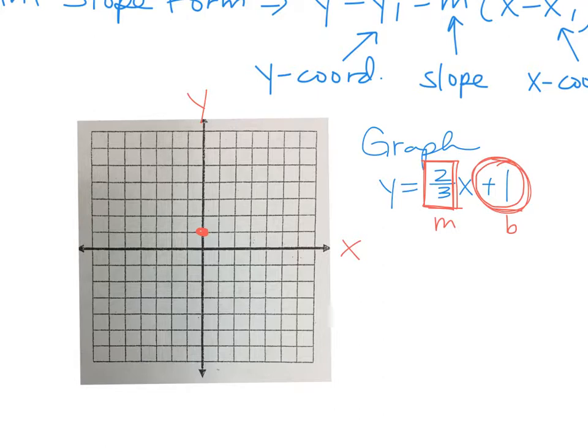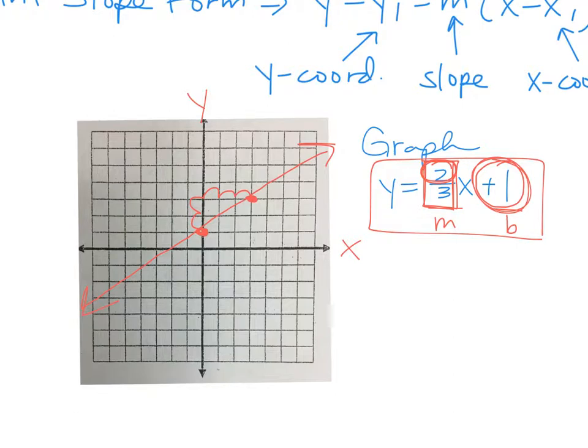Up and down. It's rise over run, right? So you're going to go up 2 because it's positive. So up 2, and then to the right 3. 1, 2, 3 to the right. So we went up 2, 3 to the right, and that gets us this point. So when we graph this equation, it looks like that. Does that make sense? Coming back to you?